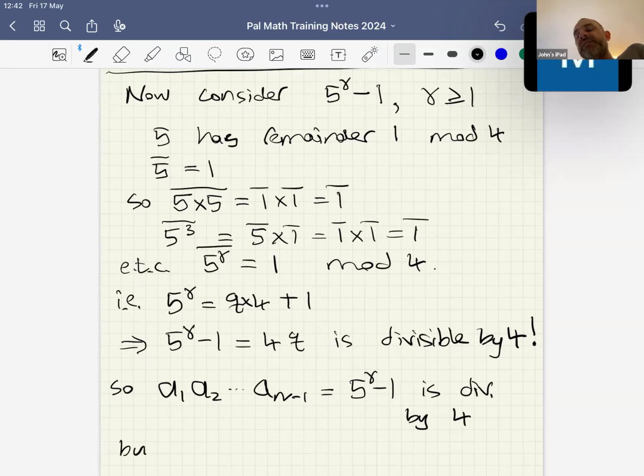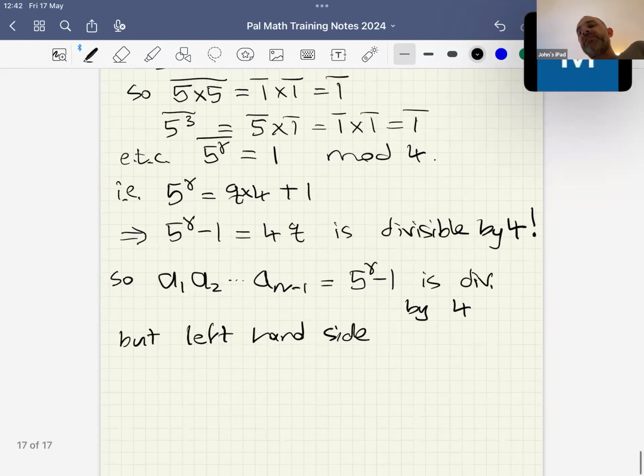But the left hand side, because we know A1 is 2, the left hand side has the form 2 times A2 times up to AN minus 1.